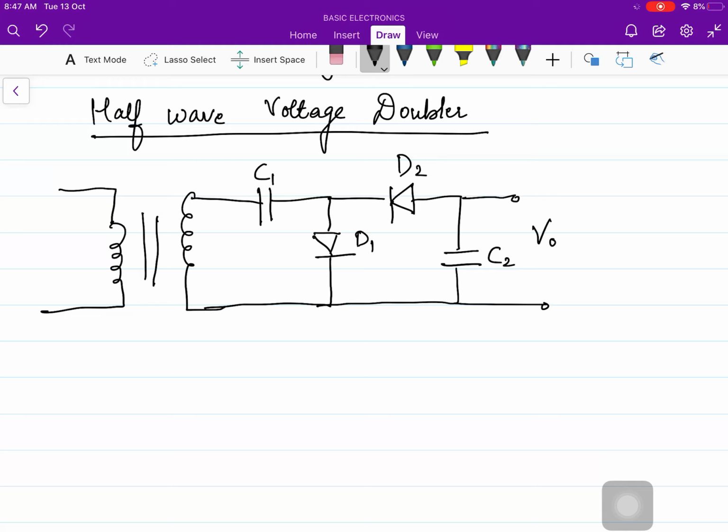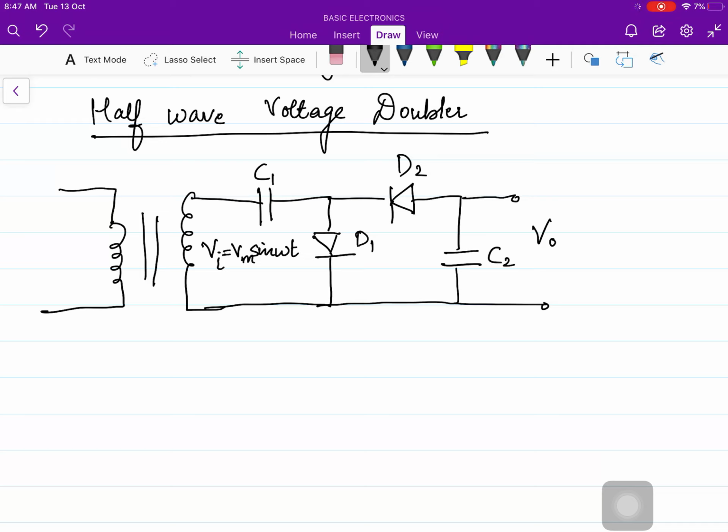So this is the circuit of the voltage doubler. Now the input voltage will be applied over here, that is Vi equals Vm sin omega t. This is the input AC voltage. Now let us see how this will work.